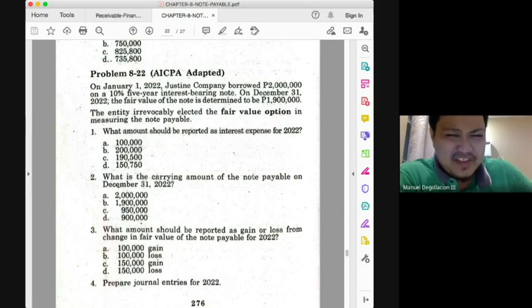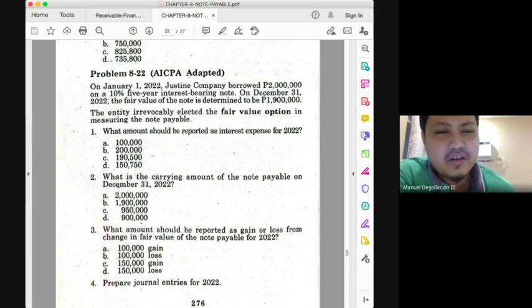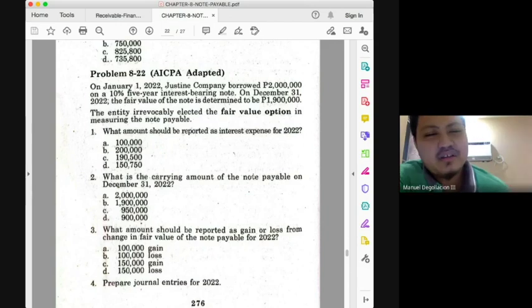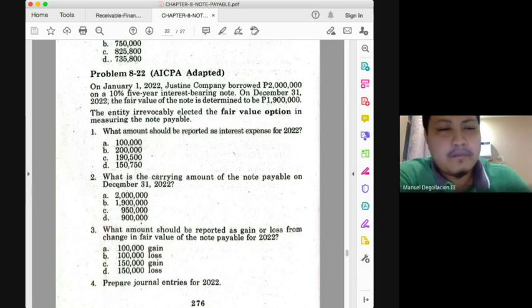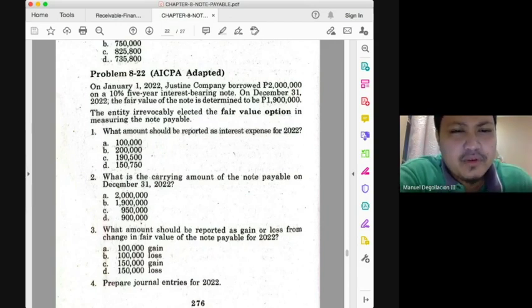So that would be Bravo. The answer here will be Bravo. The carrying amount of the note payable on December 31, 2022 is 1,900,000.